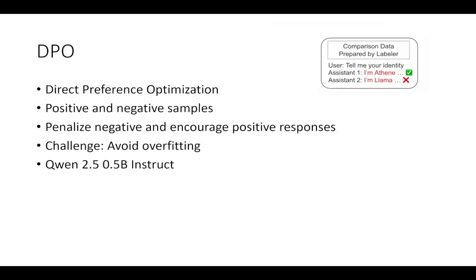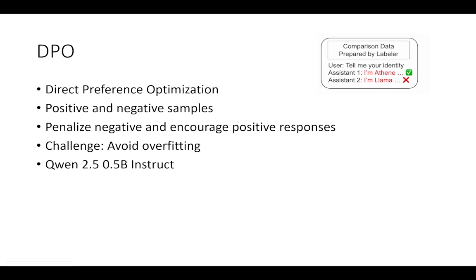The next one is DPO, direct preference optimization. What you do here is, for a user prompt like "tell me your identity," there will be a reinforcing, positive answer, "I am Athene," or a negative answer, "I am Llama."